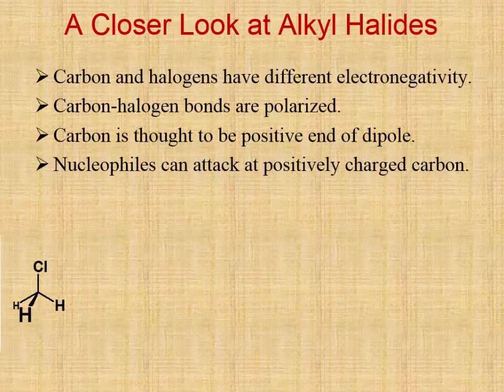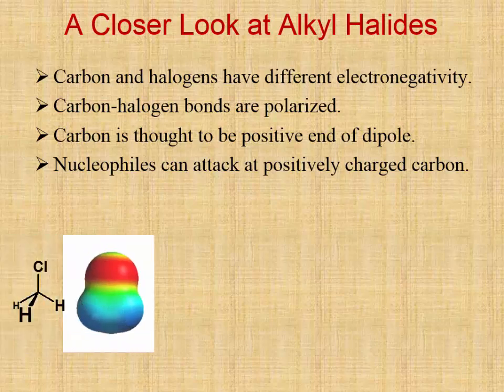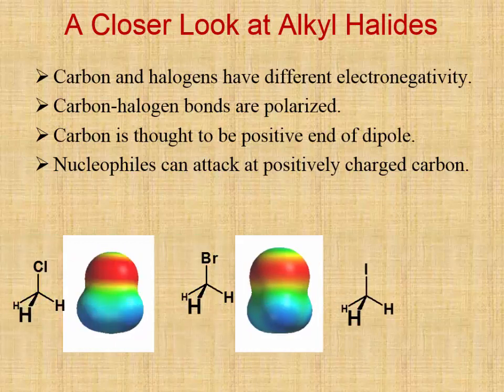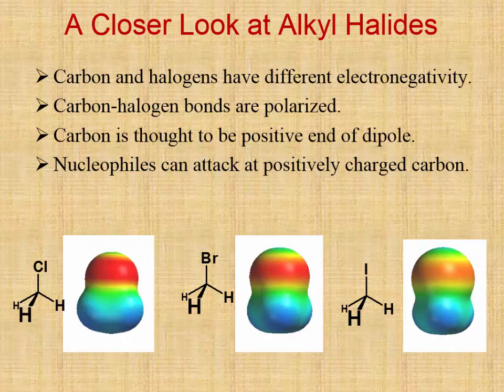So if we look at the electron density maps of some of our alkyl halides, chloromethane, bromomethane, and iodomethane, you can see the differences in electronegativities, with the carbon-chlorine bond being the most polarized of the three, and the carbon-iodine bond only slightly polarized.